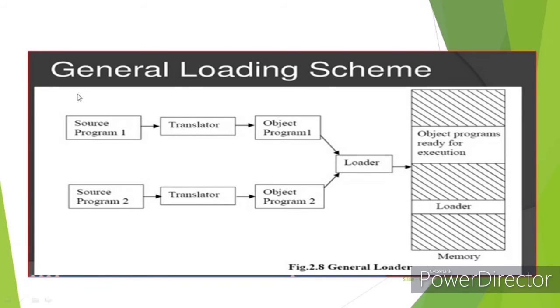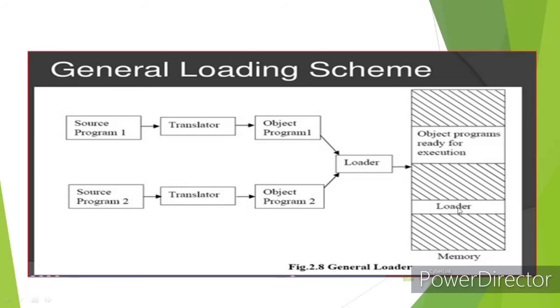The next scheme is the general loading scheme. As you can see here, there are two source programs which are passed to the translator. The translator will translate these programs into object program 1 and object program 2. Now these object codes are passed to the loader, and the loader will place them into the object program ready for execution, in the main memory.